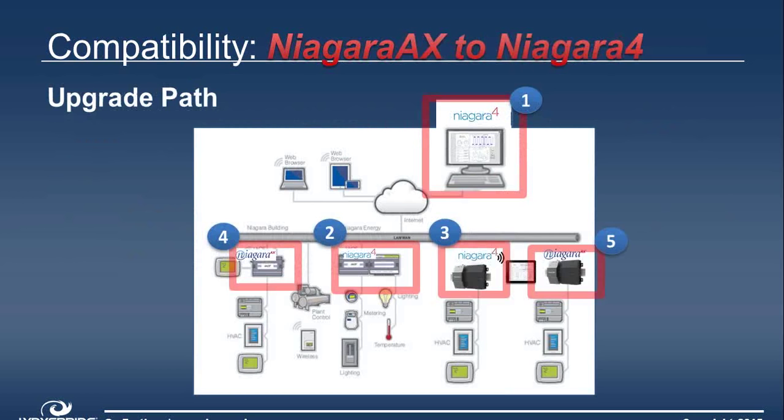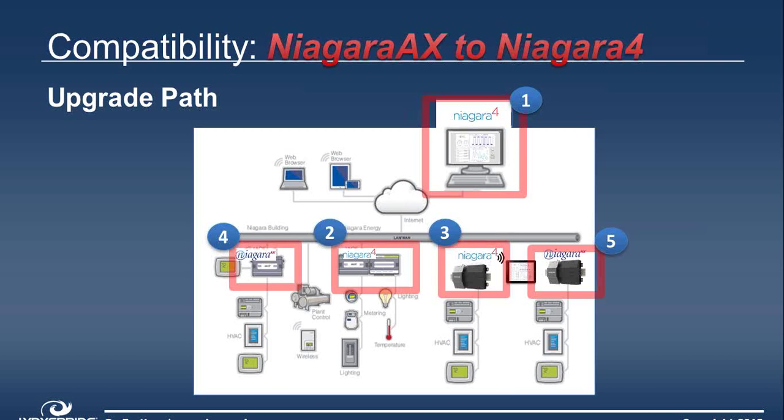A typical development path for an existing AX system would be to first migrate the supervisor station to Niagara 4. As it is all FOX compatible, the subservient stations will all still be able to serve their data, and you'll still get to use the new powerful features of Niagara 4 with charting and dashboarding for your end user views. You would then be able to add additional Niagara 4 Jennies underneath the network by using the existing Jenny 3000, 6000, and 7000 series controllers.